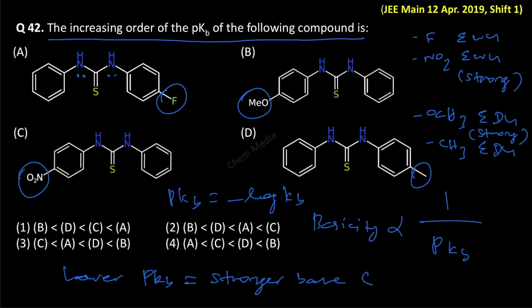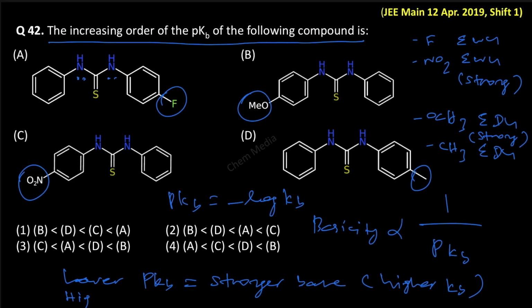So therefore, when we have lower pKb value, we will have higher Kb value, isn't it? Likewise, when we have higher pKb value, that would be a weaker base. If we are having higher pKb value, then that means that it is a weaker base and lower will be the Kb value.